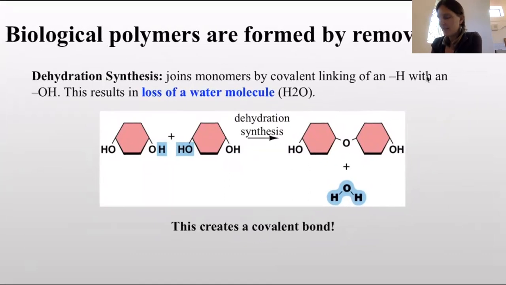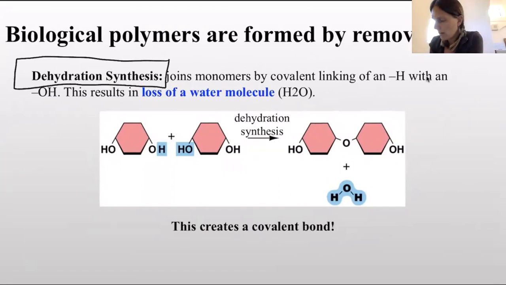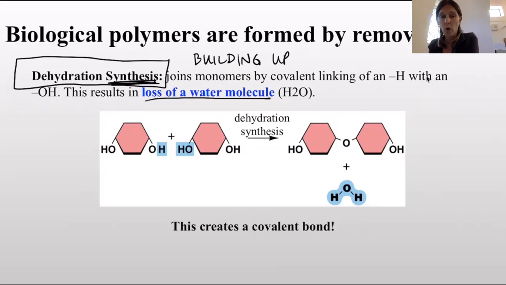This very important reaction is called a dehydration synthesis reaction that joins monomers. Remember, it has synthesis in it, so that is the building up of a polymer. In a dehydration synthesis, we see the loss, or removal, of a water molecule.